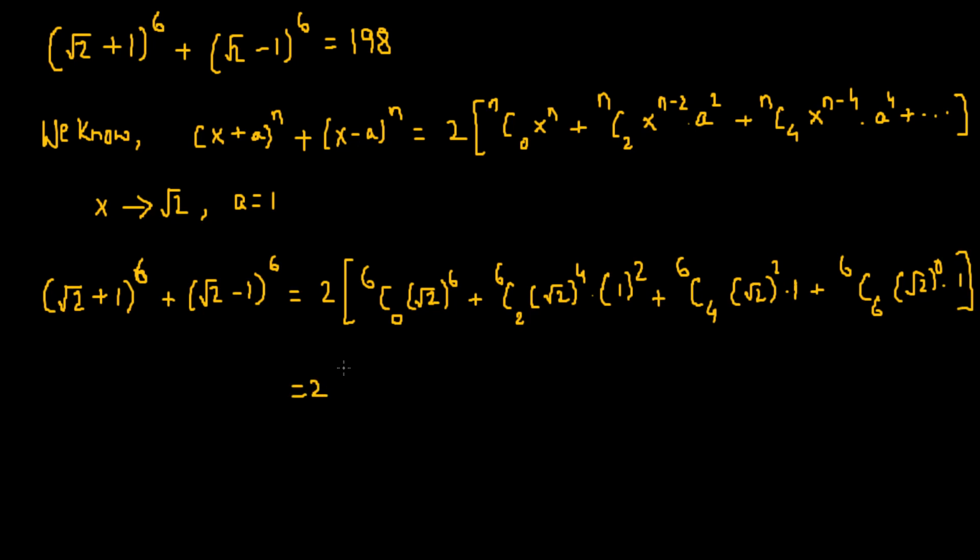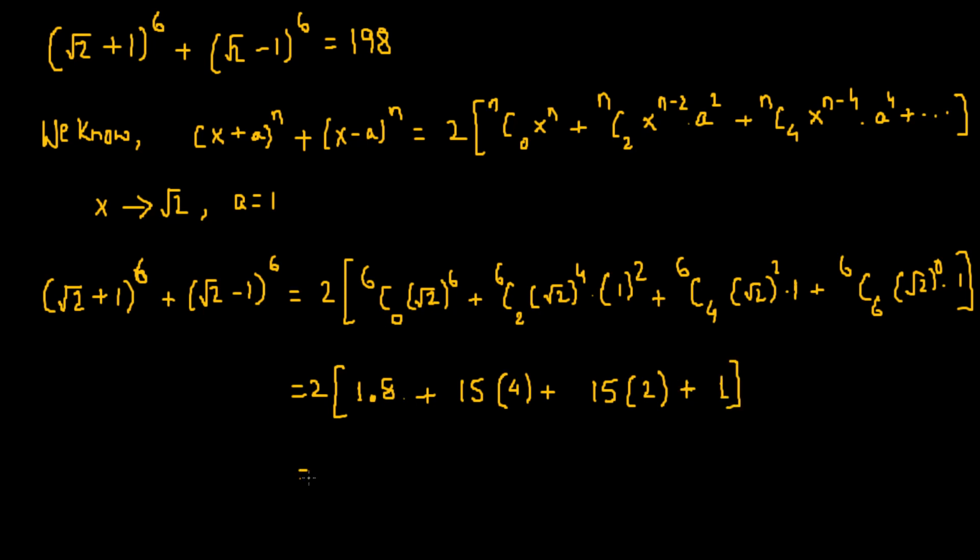So we get 2 times 6C0 is 1 and square root of 2 raised to the power 6. You can use a calculator, so that would give us 8. So this is simply 1 times 8 plus 6C2. What is 6C2? 6C2 is 15. So 15 and square root of 2 raised to the power of 4 is 4, plus 6C4. 6C4 is also 15, times square root of 2 whole squared, which is simply 2, plus 6C6 is 1 and the final one is 1.